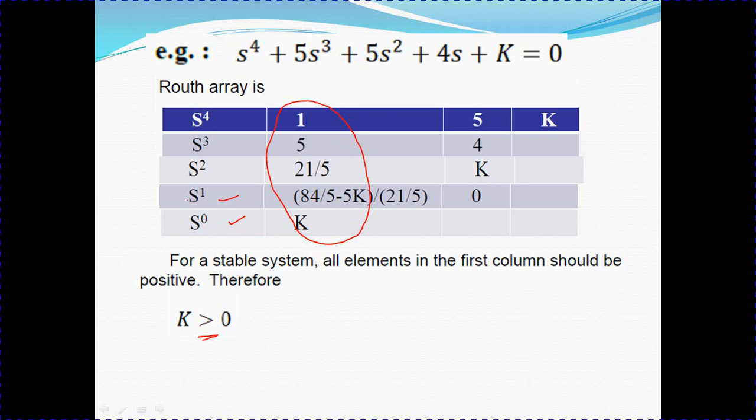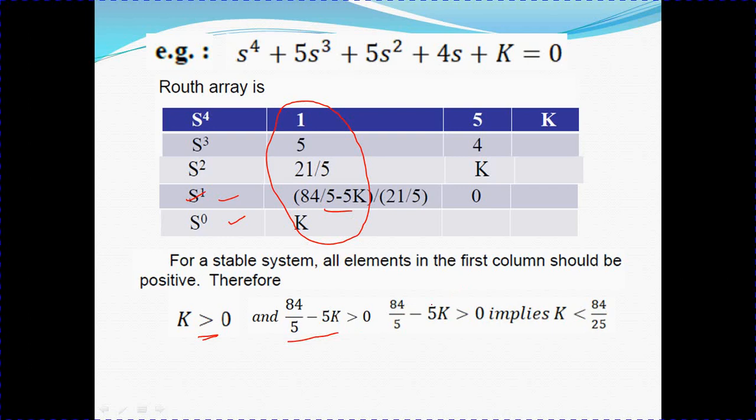Similarly, now from the second row, that is the s to the power 1 row, you can see very clearly here 84 by 5 minus 5k should be greater than 0, because this 21 by 5 will get cross multiplied with 0, hence it is going to be 0. So now the numerator term 84 by 5 minus 5k should be greater than 0. Now we need to simplify this equation.